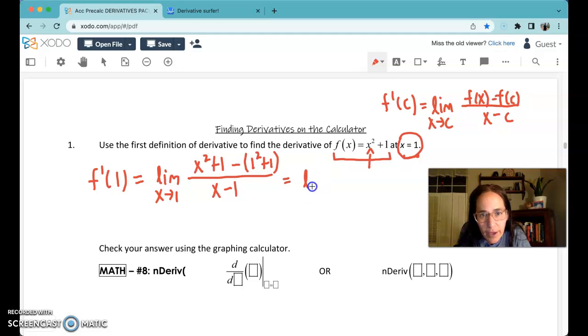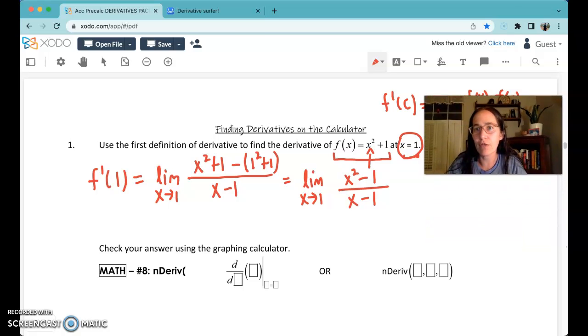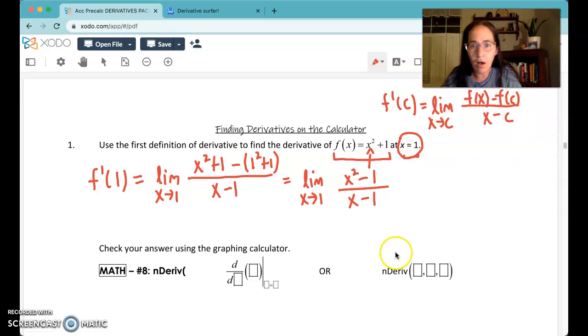And simplifying this, let's see what we get for this limit. So you've got x squared plus 1, but then minus 2. Let's call that x squared minus 1 over x minus 1. Glancing at the value that we would hope to plug in with direct substitution, I believe we could just factor the top and get the bottom to cancel.